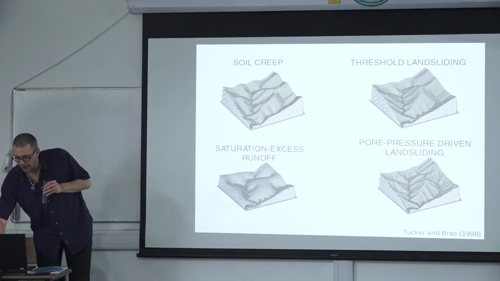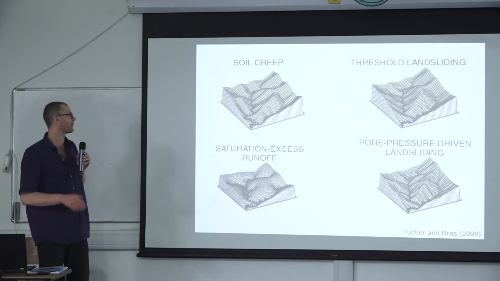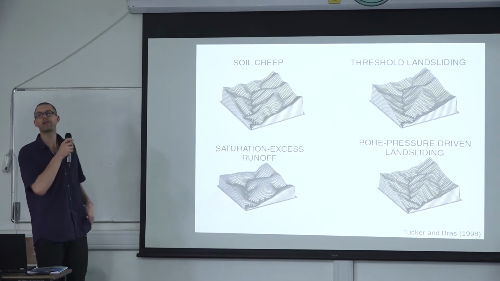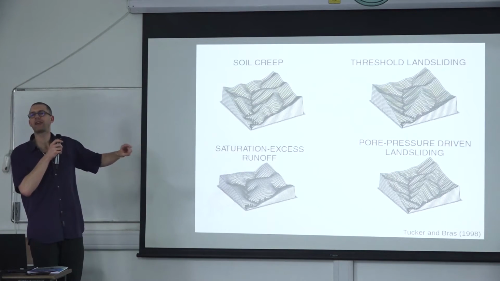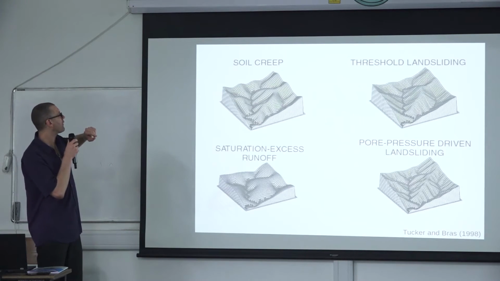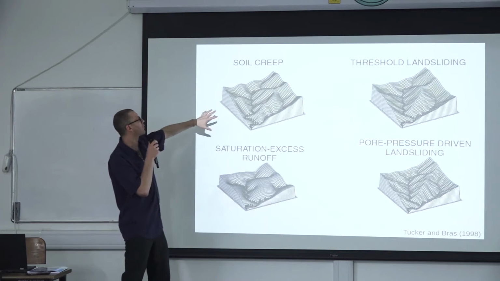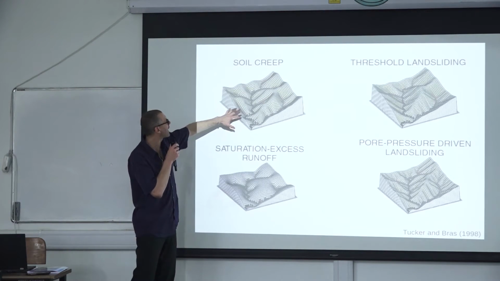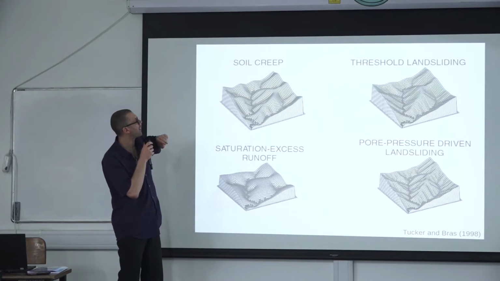If we look at different models or different transport laws, with the same setup, the same uplift rate, the same number of pixels here, and we just allow soil creep, diffusion, to happen, we develop a landscape that looks fairly smooth.